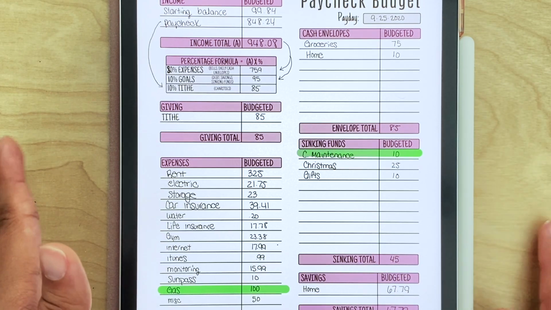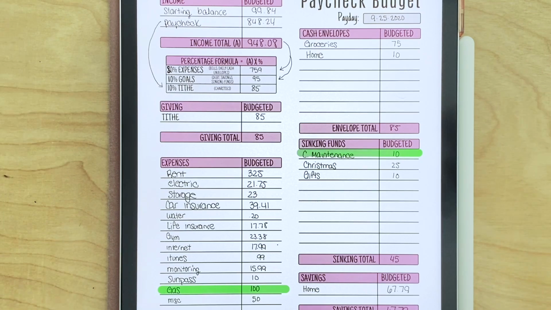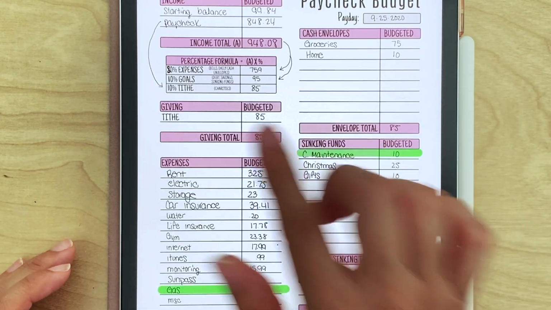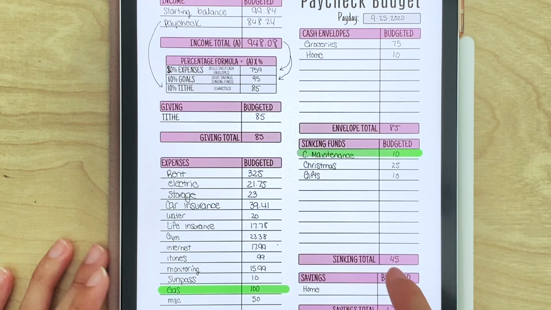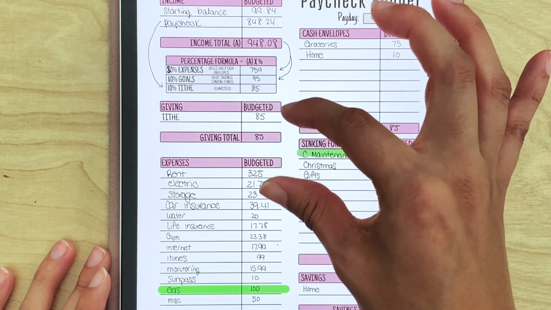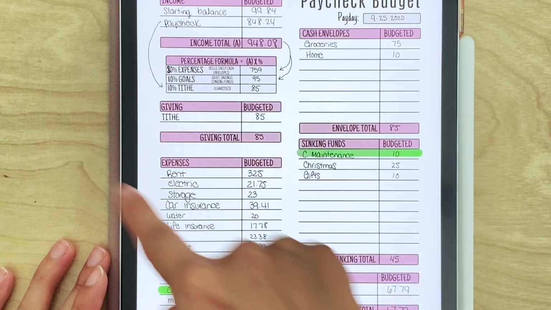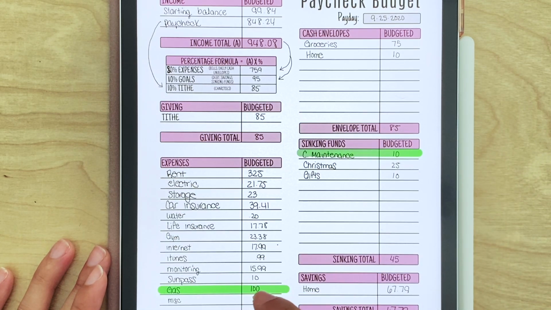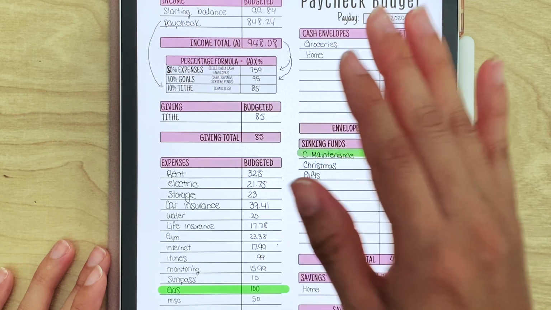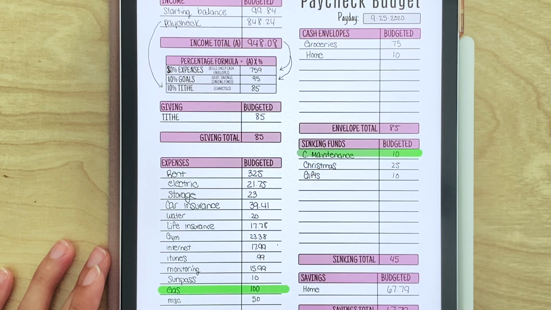I don't believe in that. I believe that giving of your time is just something that's above and beyond financial tithing. So that's why this is featured and why I will never alter my budget worksheets to not include a giving section, because I believe that when you give, you will get back so much more.